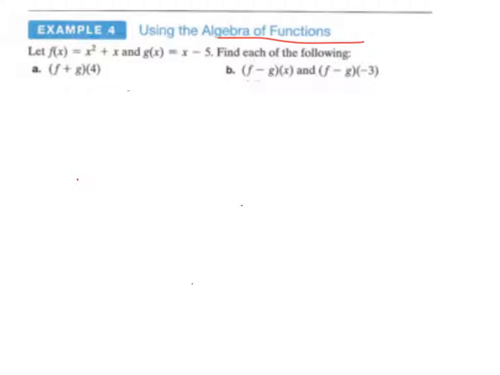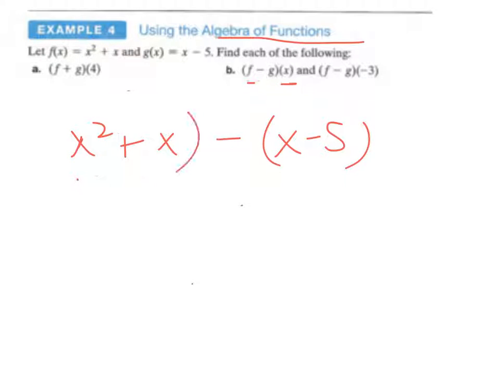So there is our function of f plus g using 4. Now if we don't know what the input is, like the x, then we would subtract as if it was just an x. So I'm going to take my f function, x squared plus x, and I'm going to subtract the g function, which happens to be x minus 5.